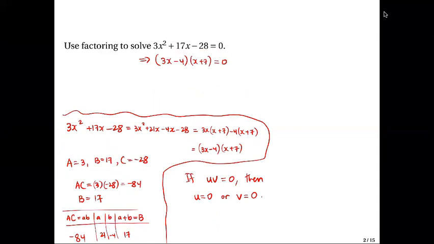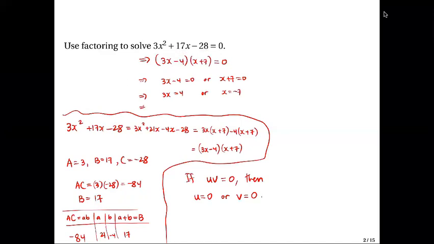Therefore, we have 3x minus 4 equals 0 or x plus 7 equals 0. From here, we will have 3x equals 4 or x equals minus 7.